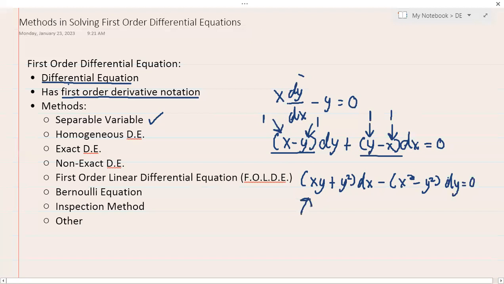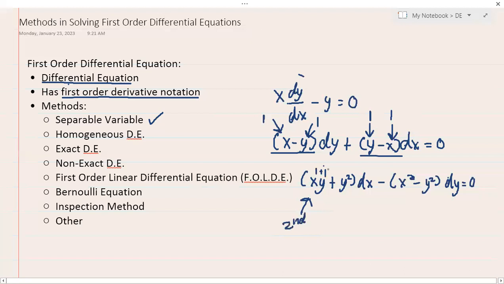Ito, si xy, tingnan mo yung exponent ni x. Yung exponent ni x, o yung degree niya, naka 1. Tapos, itong si y, ganun din naka 1 siya. So, according sa basic lesson natin sa algebra, kapag meron tayong isang term na may dalawang variable magkadikit-dikit, tapos you're asked to find a degree, ang gawin mo lang is i-add mo yung dalawang exponent nila. So that means we're going to add the exponent of x and y to get their degree. So ang degree ng xy ay second degree.